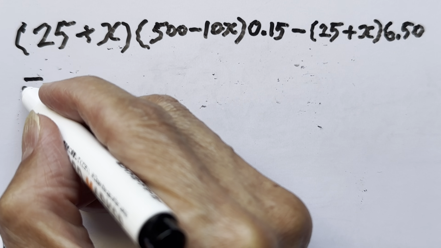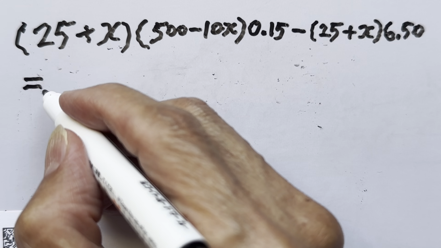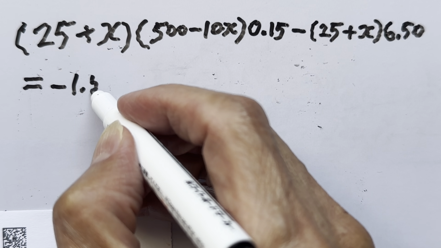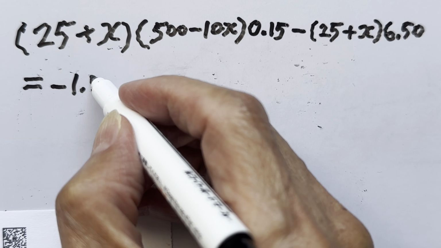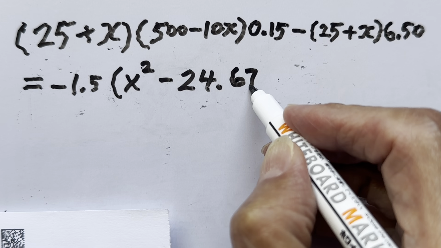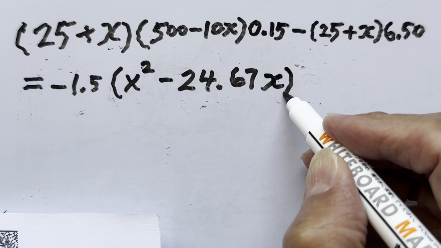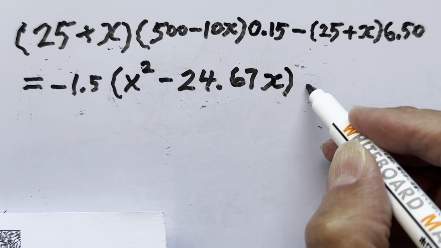this can be simplified to negative 1.5 x squared minus 24.67 x plus a number here.